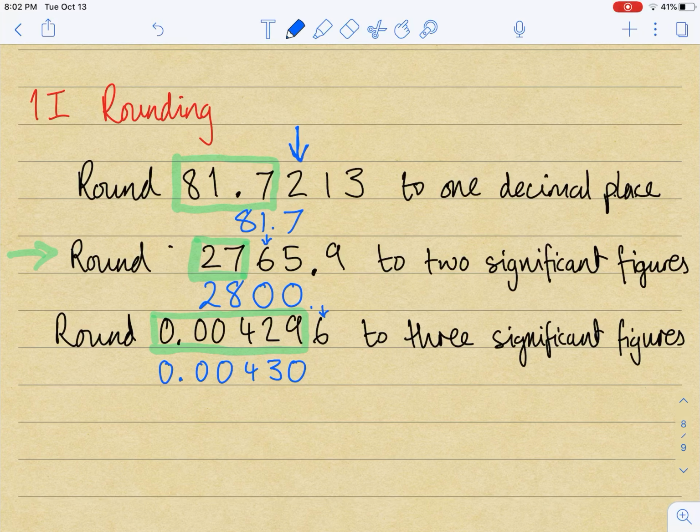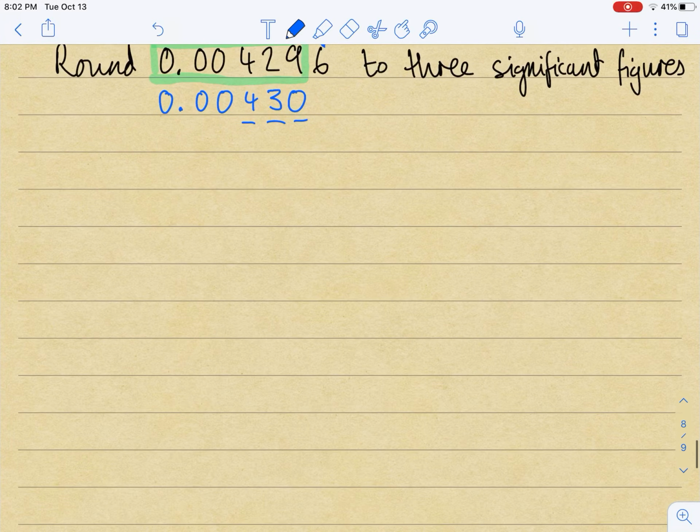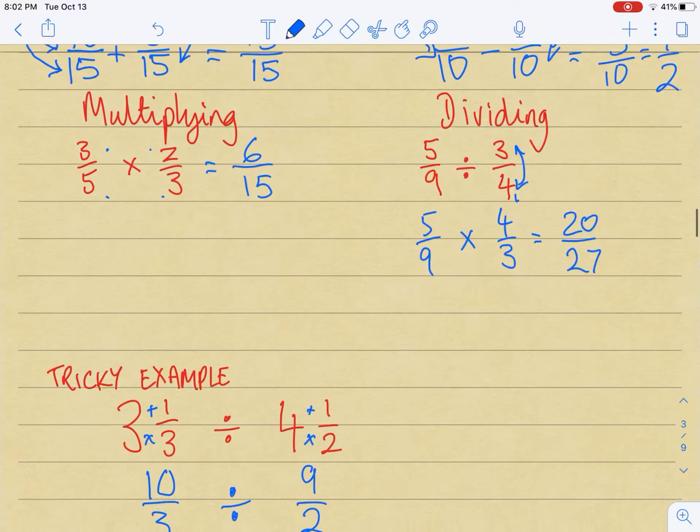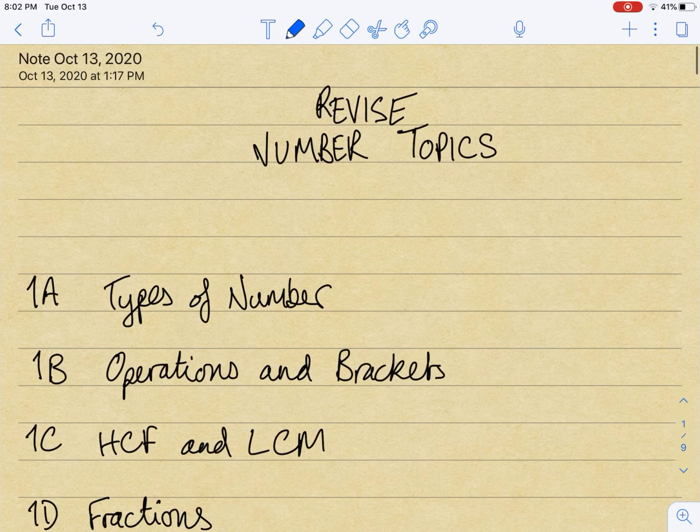And we do leave a 0 there to show that it has 1, 2, 3 significant figures of rounding. It is quite an accurate number. Okay, there you go. That's the last part there. We've covered everything I think that we wanted to cover.